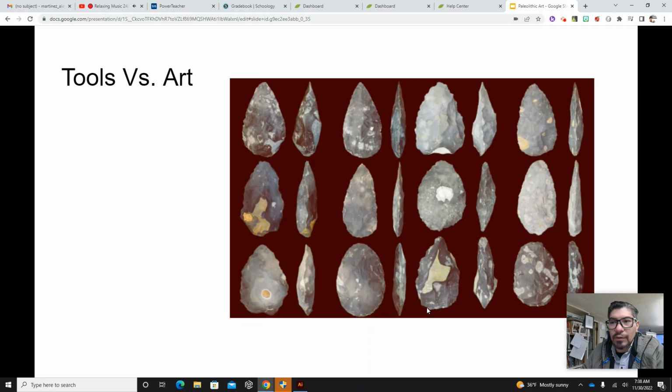And because of those two things, we needed to hunt. So tools like these arrowheads were some of the first examples of human made objects, but we can't really consider these art because there is a purpose to them and they're very brute.